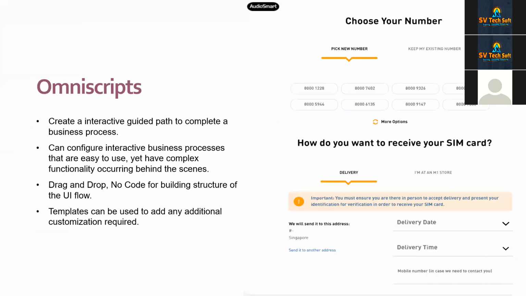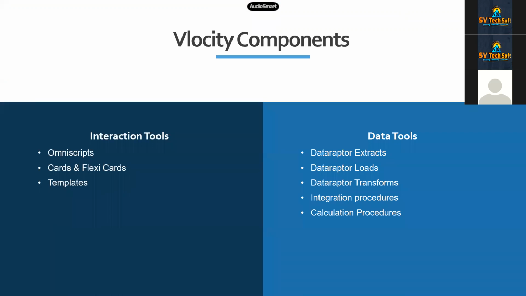And much more to this. Especially my favorite part is the data tools. Let's take the Amazon example itself. I want to search for Samsung Galaxy mobiles.